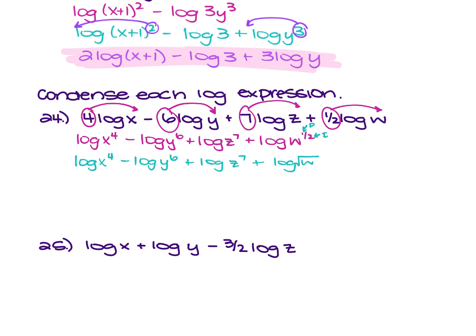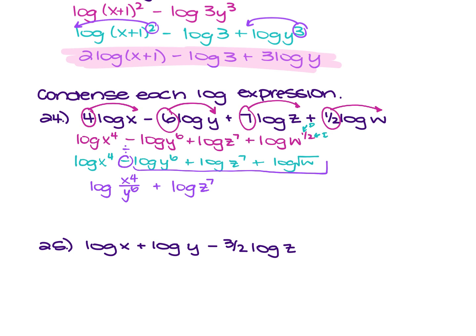Undo your subtraction and your addition. Subtraction means divide, so that's going to give you the log of x to the 4th power over y to the 6th power. Your addition is going to mean to multiply. Now, with these, because all of your addition comes after the subtraction, this whole part here is what's going to go in your denominator.